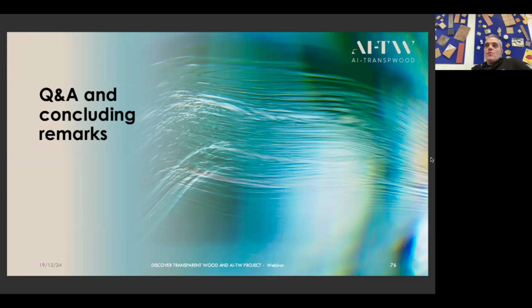Usually, if you search the scientific literature, you see that most of the specimens of transparent wood that you are able to process are around 10-12 centimeters by 12 centimeters in size. Thanks to one of the partners, the University of Sassari, we are now approaching preparing transparent wood of around 20-something centimeters square. So we are increasing the size.